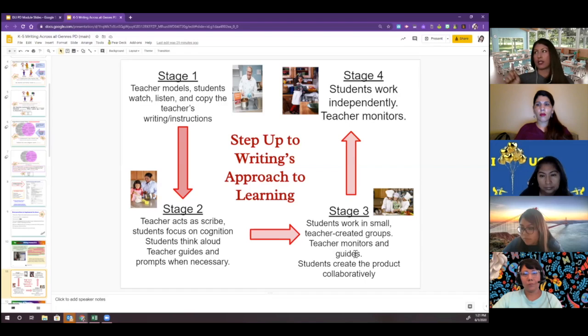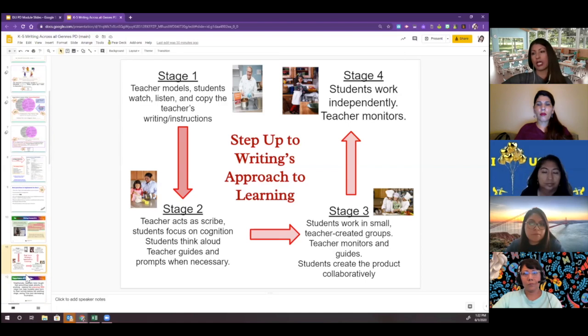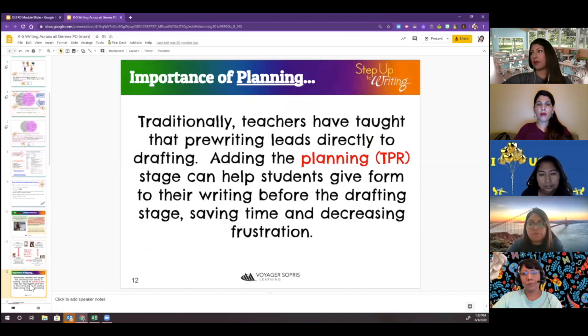And then once the students get to stage 4, they would have already had enough ideas to be able to write a full paragraph or a full essay, depending on what grade level we're talking about here. So these are just the different stages and steps of Step Up to Writing and this routine that we're going to be sharing with you today.